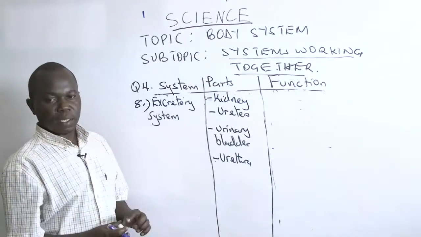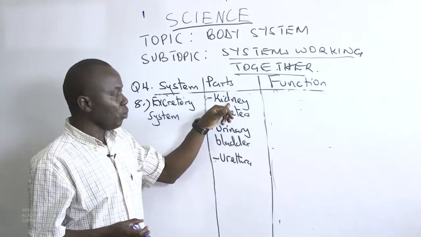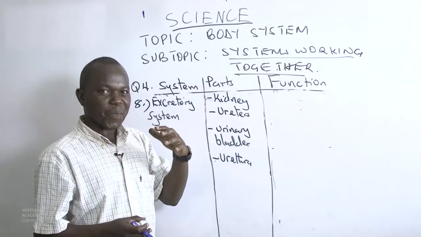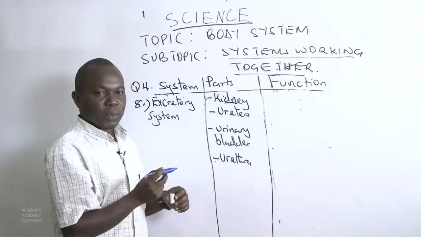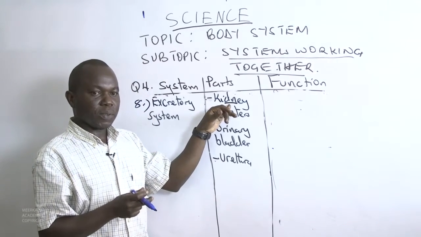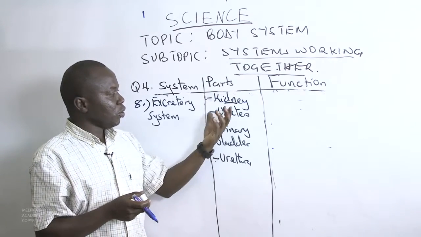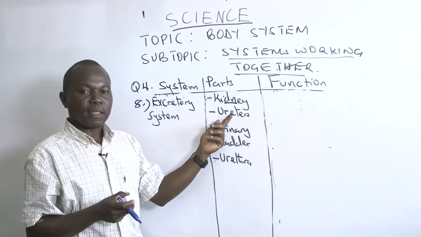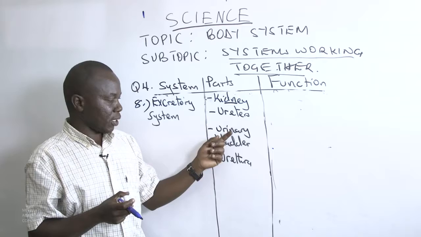We were able to go through this very carefully. The kidney, we said, is the major part where excretion takes place, through two processes: ultrafiltration and reabsorption. So if blood passes through the kidneys, waste metabolic products are removed, and then they are delivered to the urinary bladder through the ureters.